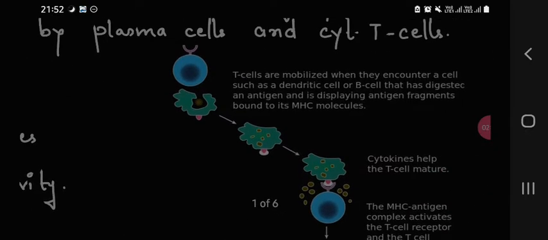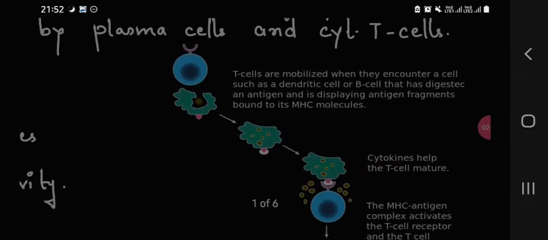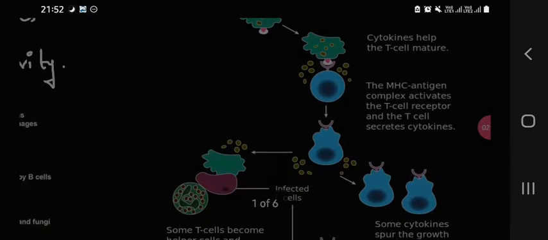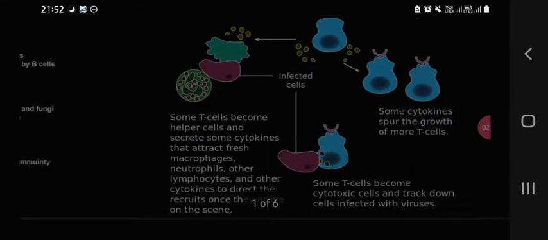T cells are mobilized when they encounter a cell such as a dendritic or B cell that has digested an antigen and is displaying antigen fragments bound to its MHC molecules. The T cell matures. The MHC antigen complex activates the T cell receptor and the T cell secretes cytokines.